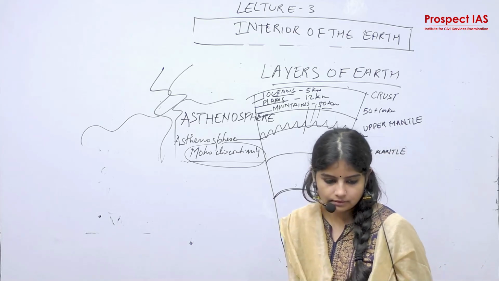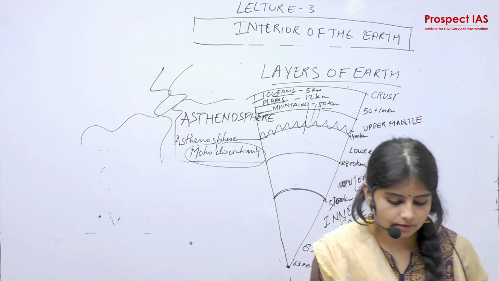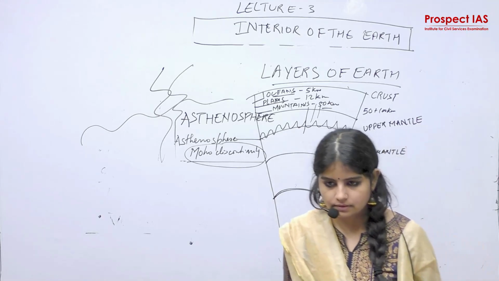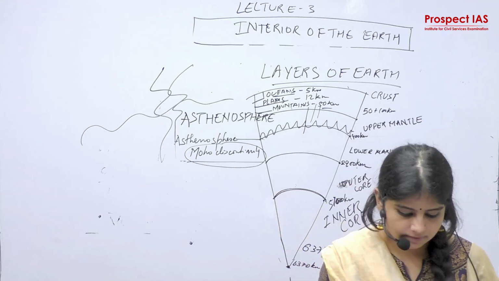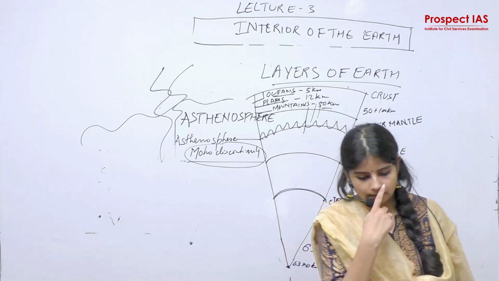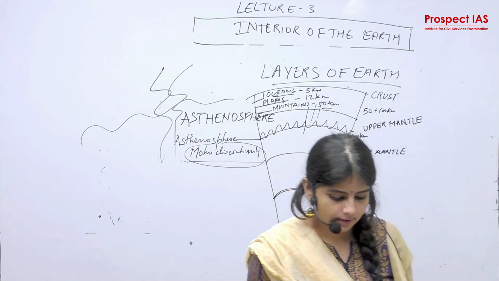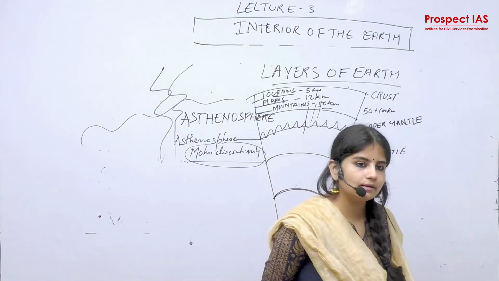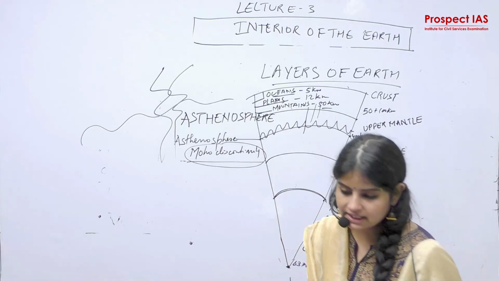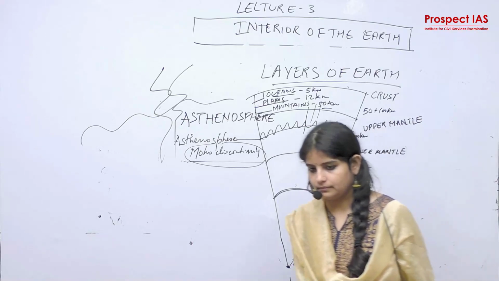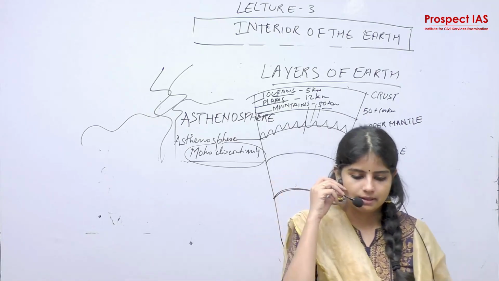Moderate layer over the continents, about 30 kilometers. And a high layer over the mountains and hill areas, like 70 kilometers in the Himalaya. The crustal layer is 70 kilometers on the Himalayan range.